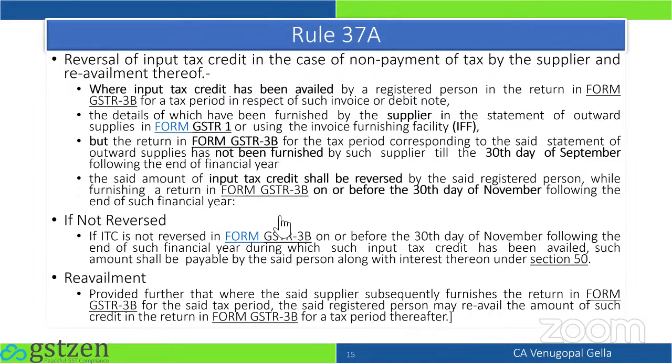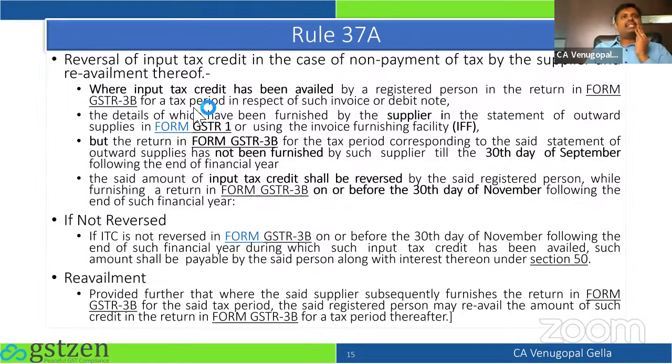In fact, this is a verbatim reproduction of Rule 37A, wherein Rule 37A says where the input tax credit has been availed by the registered person, and in respect of such invoice the details have been furnished in GSTR 1 by the supplier, but the return in 3B has not been furnished.